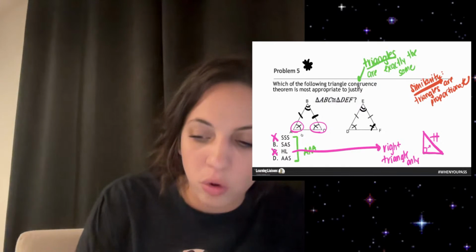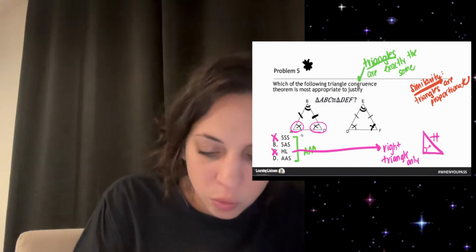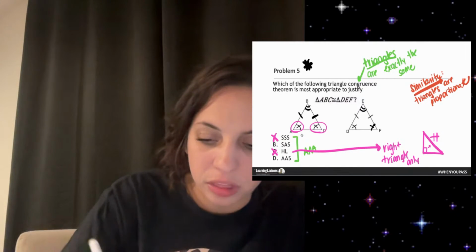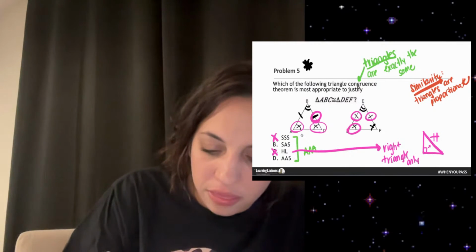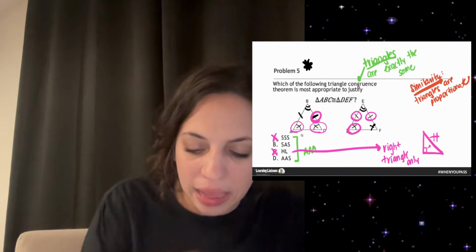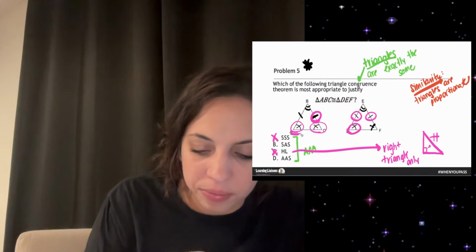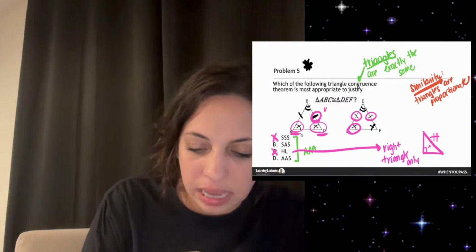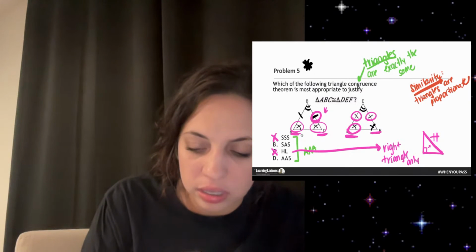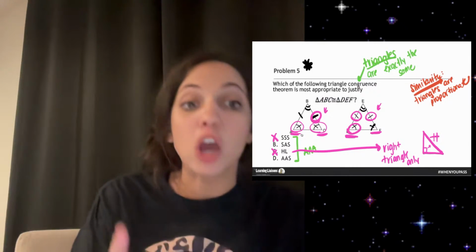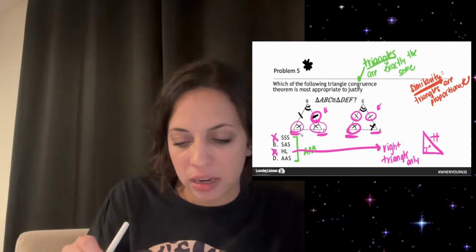So what we were officially given were these three things, the three things circled in pink, and these three things. So I have angle, angle, side, and I have angle, angle, side. Could it be side, angle, side?